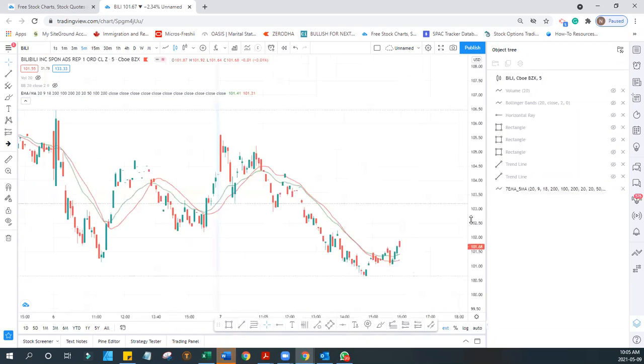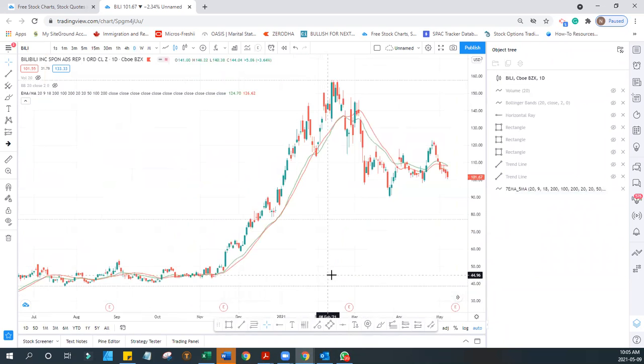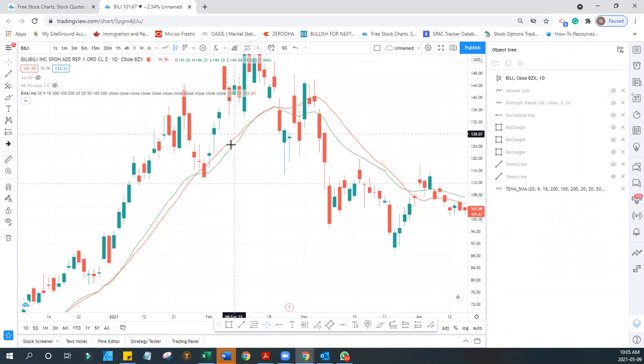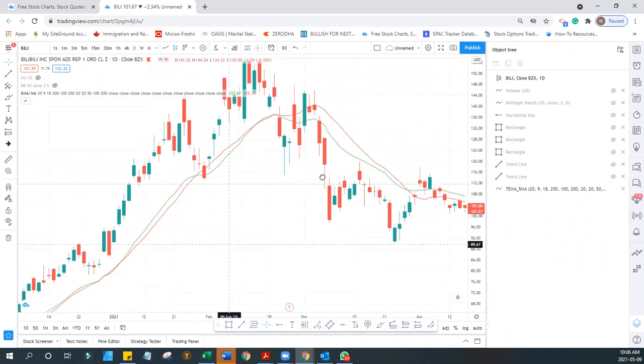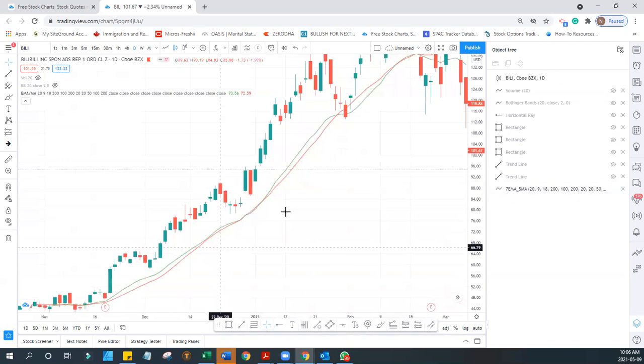Do you see some difference here? Let me put it on the daily time frame so you will be able to see it more clearly. Here the green is the EMA. The EMA is fast reactive, whereas the SMA lags. For example, when the price was moving up, you can see the green EMA was closer to the price, whereas the SMA was lagging.